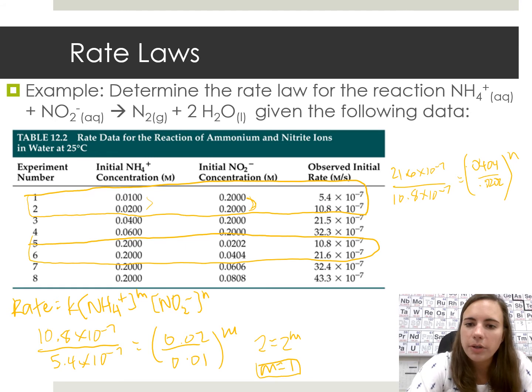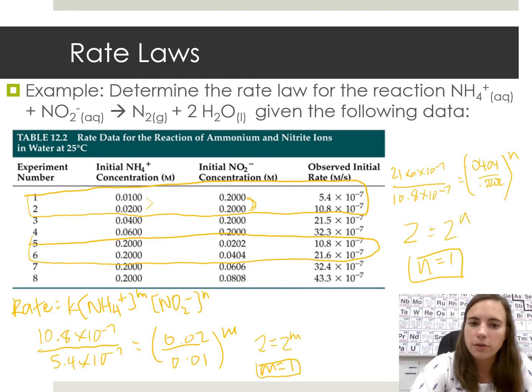So 21.6 divided by 10.8 is 2, and 0.0404 divided by 0.0202 is clearly 2. So n equals 1. So both of these were first order.